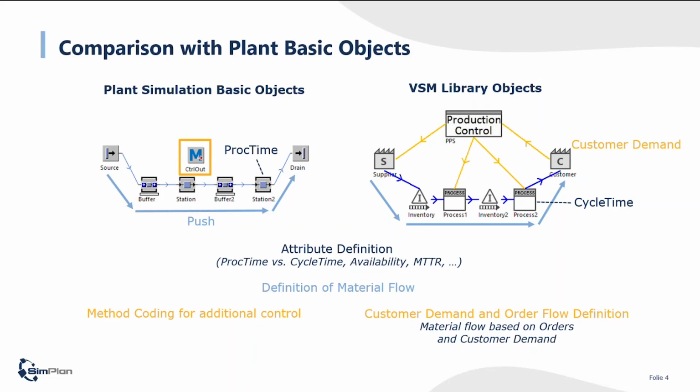This customer has a defined demand per hour, per day, or a certain interval. Then this customer is ordering products, which are forwarded to a production control, and then forwarded to certain stations. So orders are transitioning into local order queues, and these order queues are then executed. Based on these orders, material flow is induced, for example also how many parts a supplier has to produce.